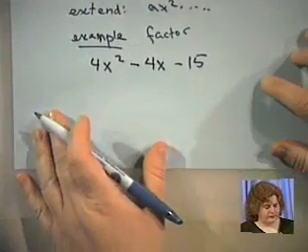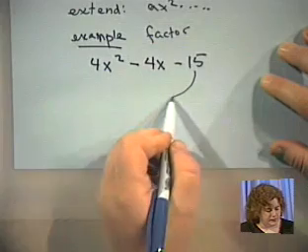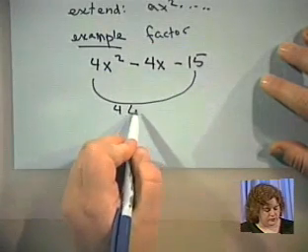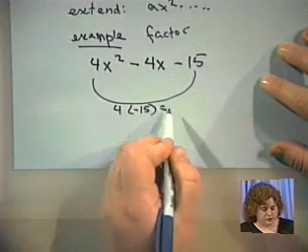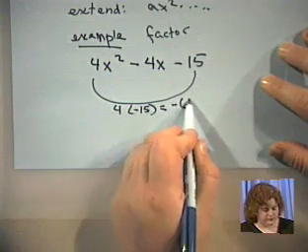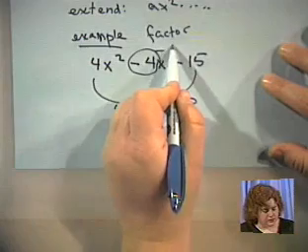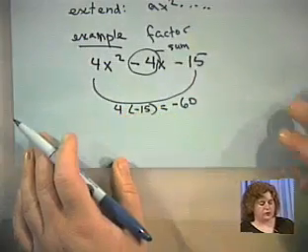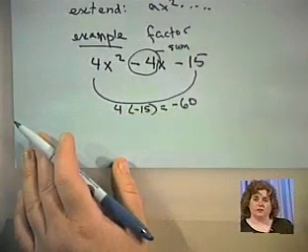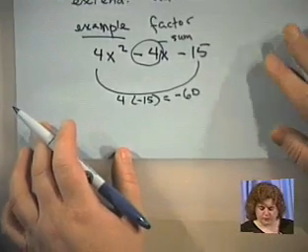Now, our product is going to be 4 times negative 15, which is negative 60. And the sum we're trying to find is negative 4. So we're looking for factors of negative 60 that add to negative 4.